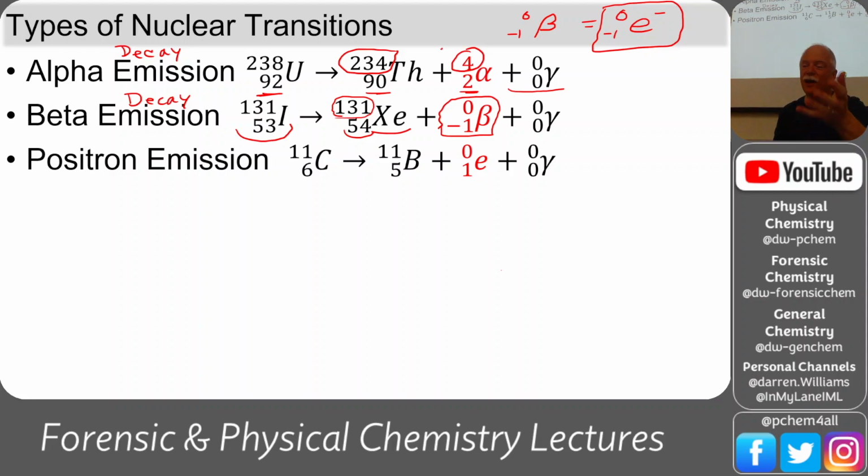But we have some elements like carbon-11. If we can form carbon-11 in a nuclear reactor, then we can isolate it. And we can make a sugar molecule out of it, right? It's carbon. So we put carbon-11 in sugar, and then we inject that into people. And wherever the sugar goes, this carbon-11 goes. What is going to use up a lot of sugar in your body if you're sick with cancer?